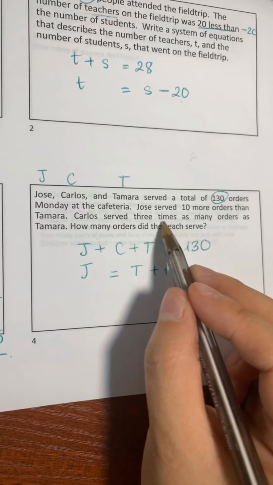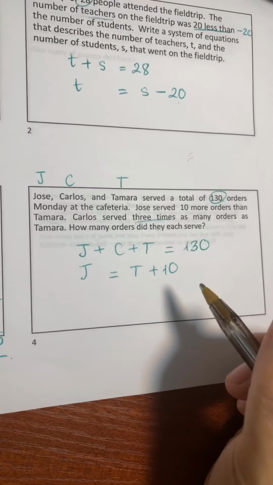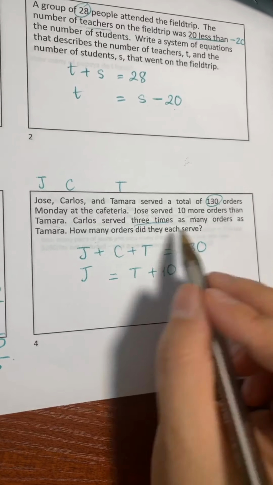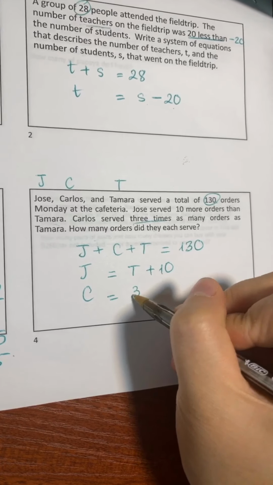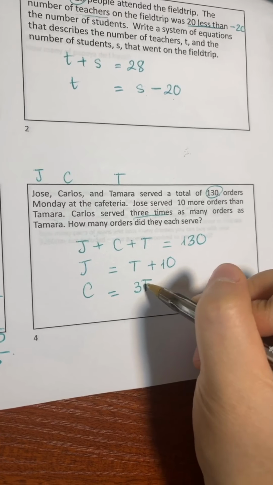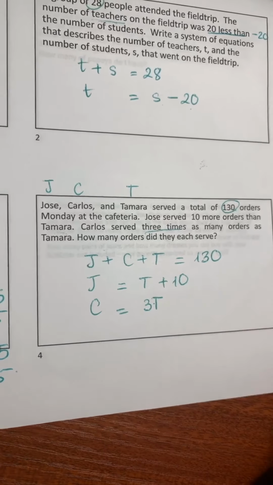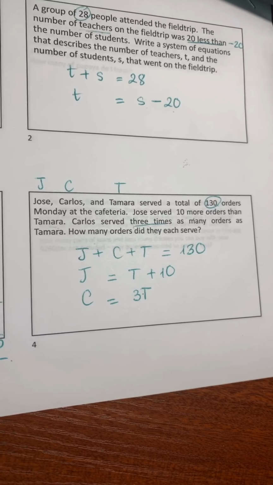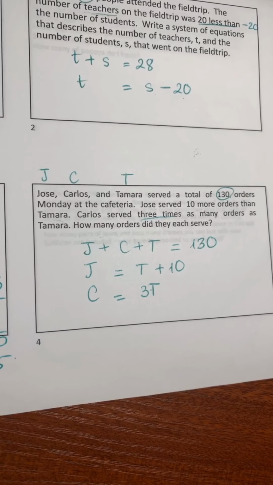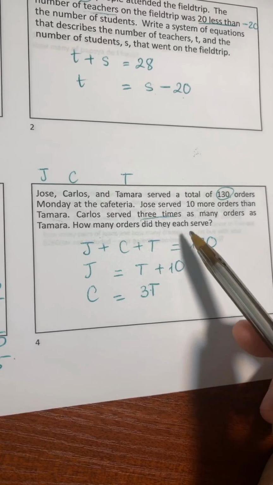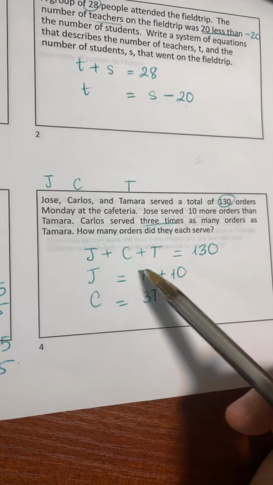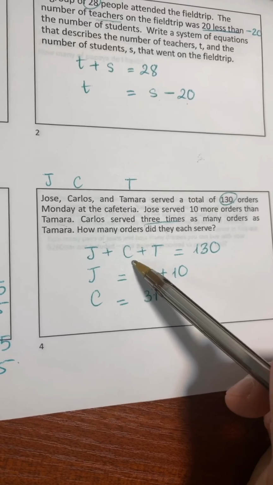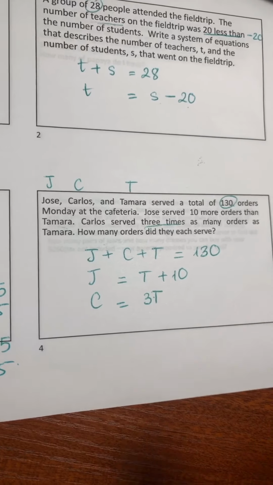Carlos served 3 times, meaning you multiply by 3, as many orders as Tamara, so C equals 3 times as many as Tamara is serving, so that's 3T. And now using these 3 equations, we can solve for the others. Or you can substitute right here into the J, right here into the C, and just solve for the total of T.